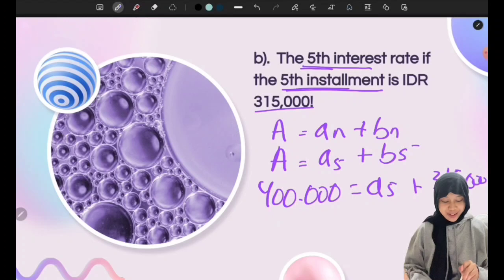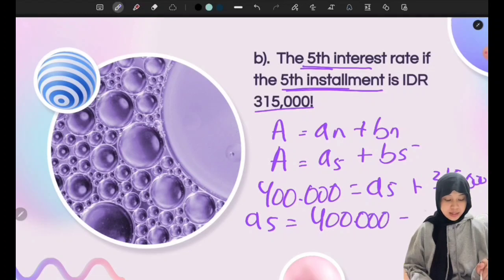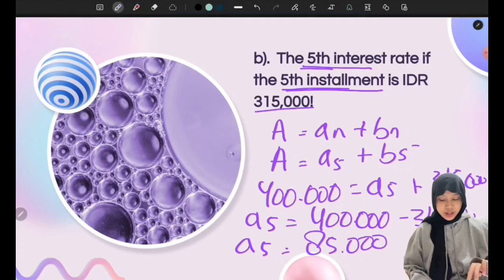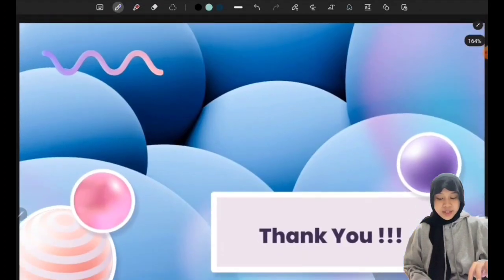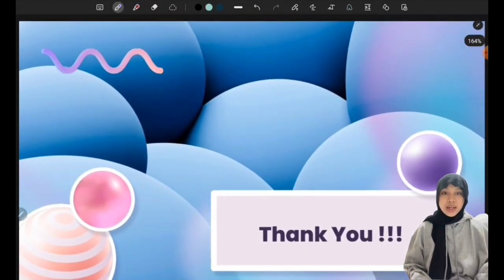So the B5 is 400,000 minus 315,000. So the B5 is 85,000 rupiah.